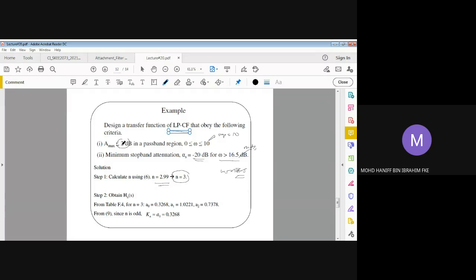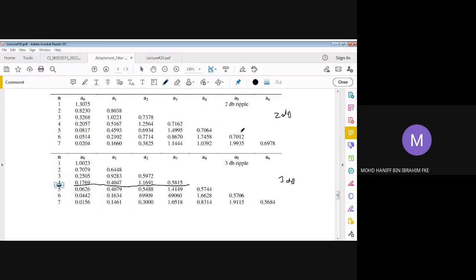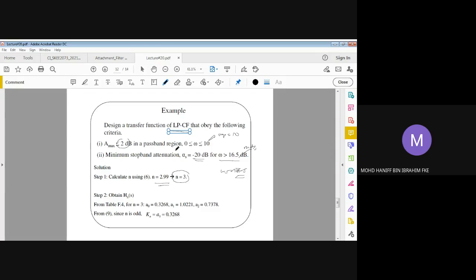Since we have A max of 2 dB, you need to base on this third column. Your N just now equals 3, so we need to be based on these coefficients: A naught of 0.3268, A1 of 1.0221, A2 of 0.7378. So that's the value here for the respective Chebyshev coefficients, yeah?